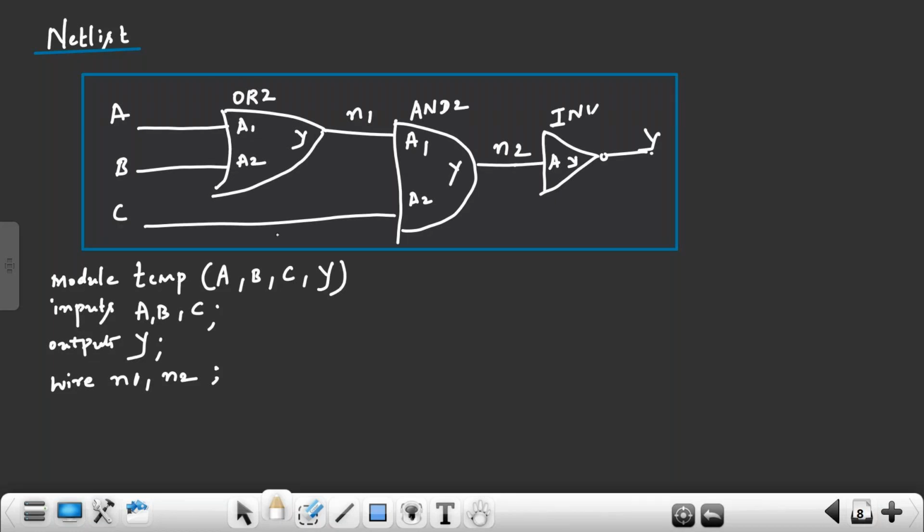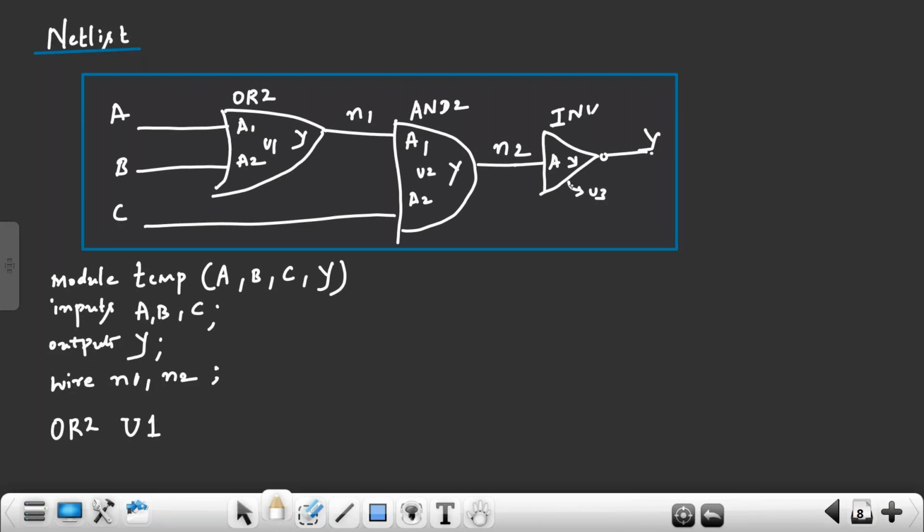How is it present? First we describe the inputs and outputs of your OR gate. OR2 is the library name of your OR gate. Along with that, my synthesis tool will give an instance name. The instance name of this OR gate is U1, of your AND gate is U2, and of this inverter is U3.